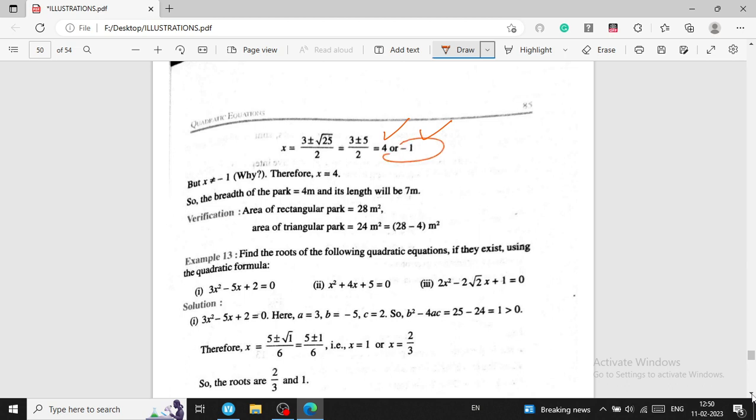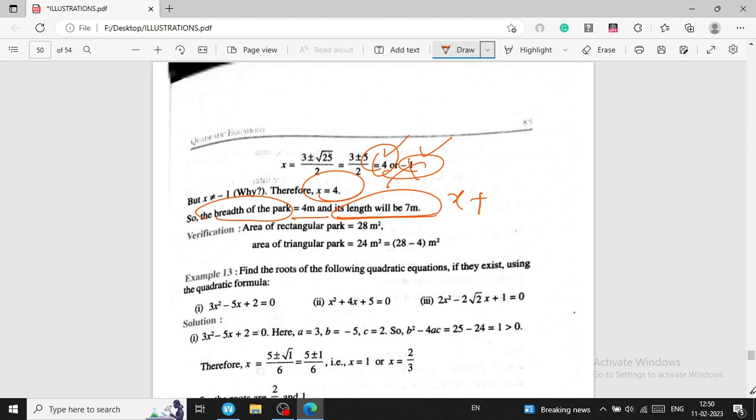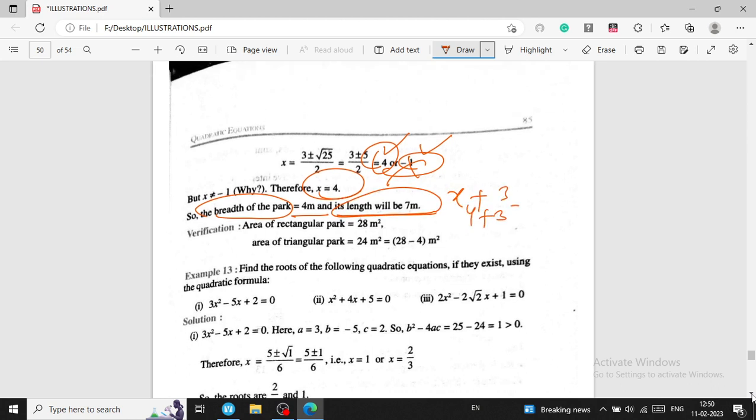We will ignore the negative number and take 4 as positive. So we can say the breadth of the park is 4 meters, and its length will be 7 meters, because x plus 3, 4 plus 3, is equal to 7 meters.